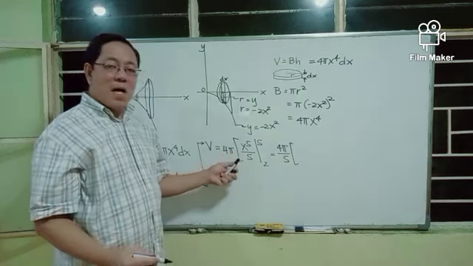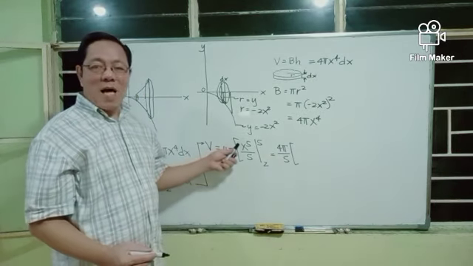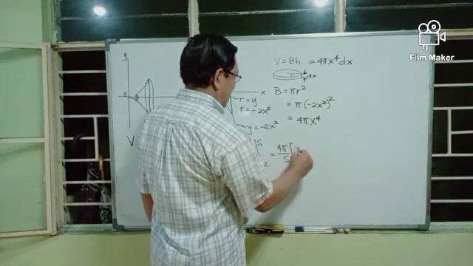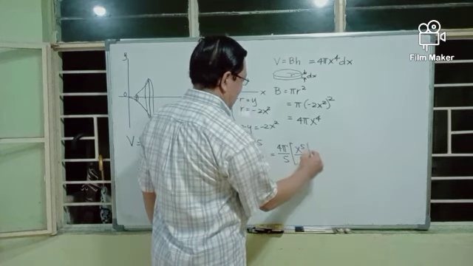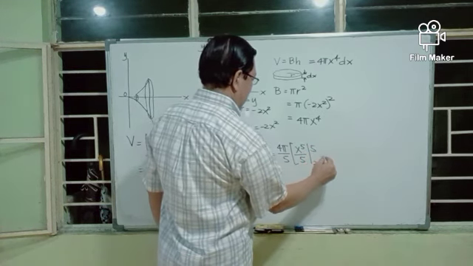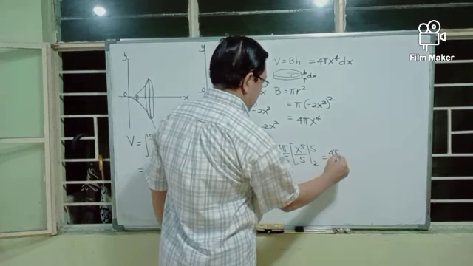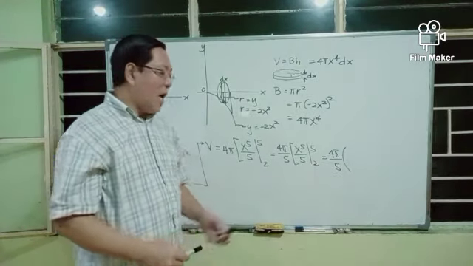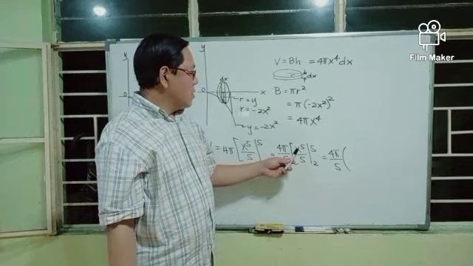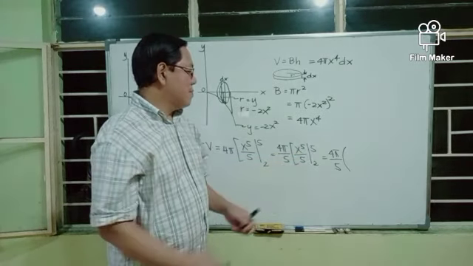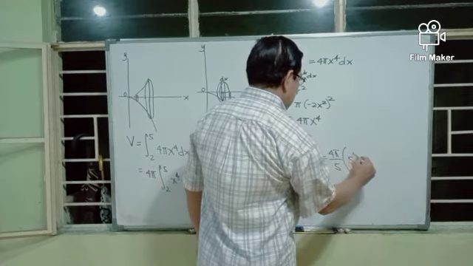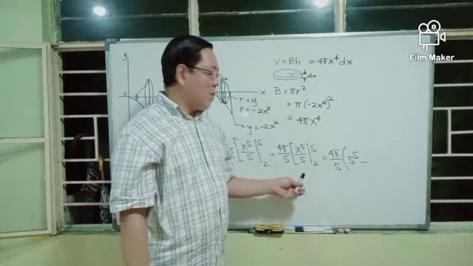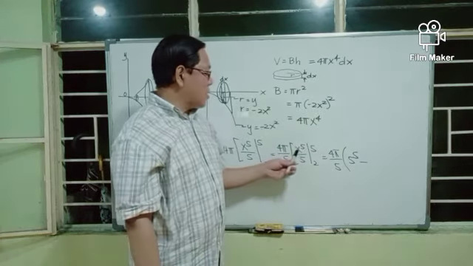Now we multiply by the result when we evaluate x raised to 5 from 2 to 5.